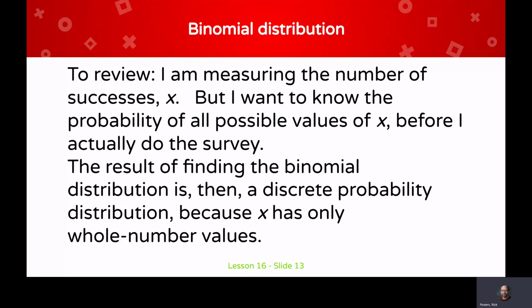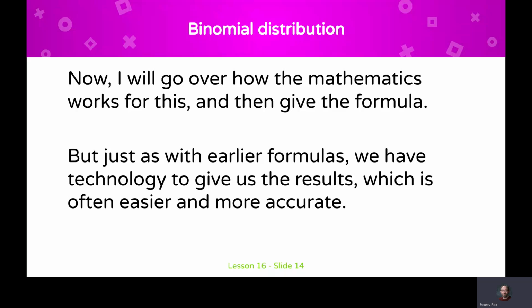The result of finding the binomial distribution is then a discrete probability distribution because X has only a whole number of values. Now I will go over how the mathematics works for this and then give the formula. But just as with earlier formulas, we have technology to give us the results, which is often easier and more accurate.